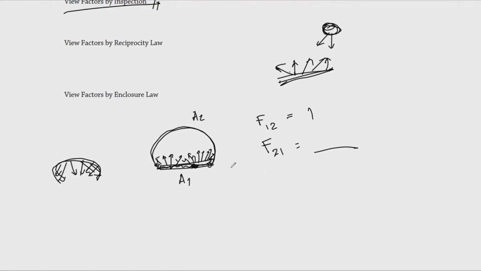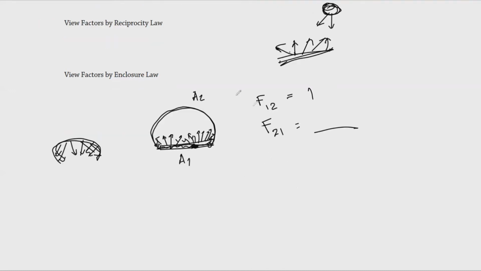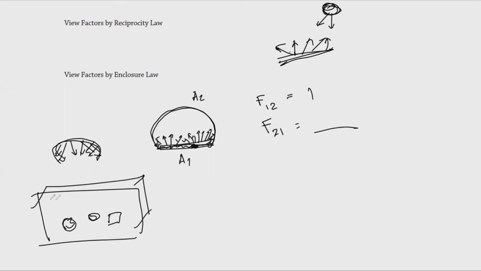So when do these view factors start to have some 0 value? And by the way, this one is an enclosure. Imagine if you have an object, let's say you have three objects here, and then you try to enclose them in a certain material, so that's an enclosure, and this one is another example.